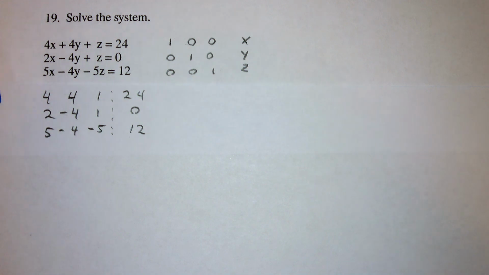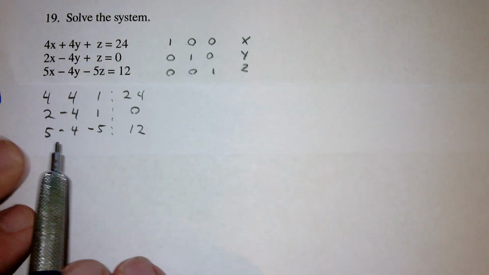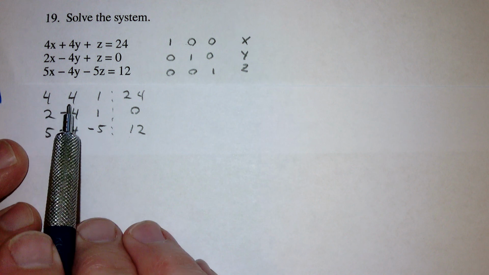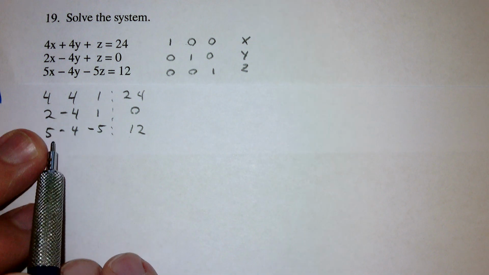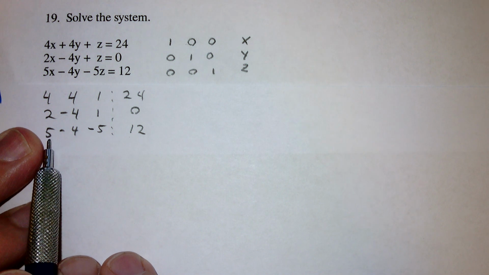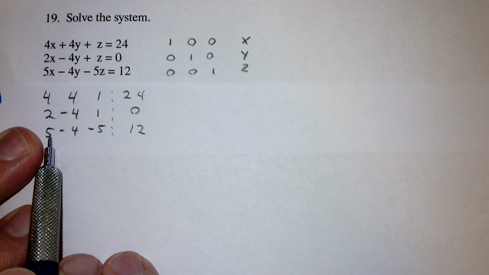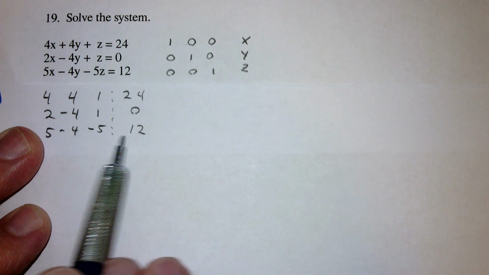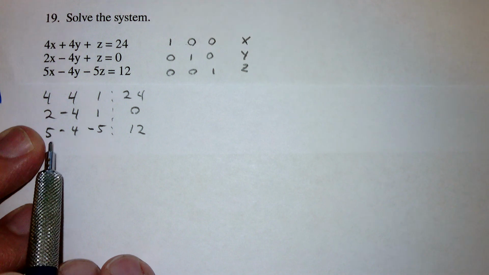Where to start? Let's do this. If I take the first row and subtract it from this third row, I will get a 1 here, because 5 minus 4 is 1. How cool is that? And doesn't look like it's going to help us anywhere else, but at least I have a 1.